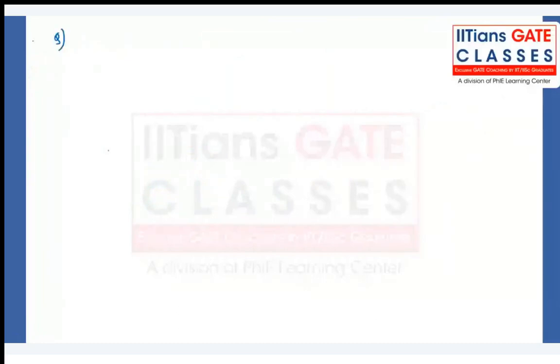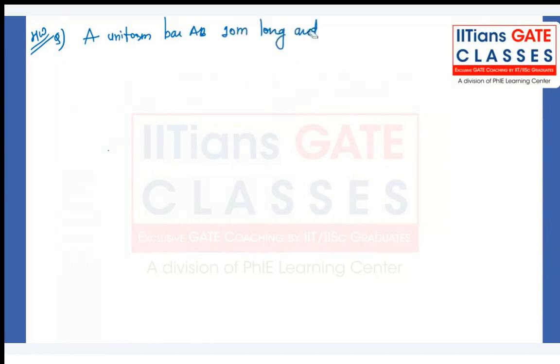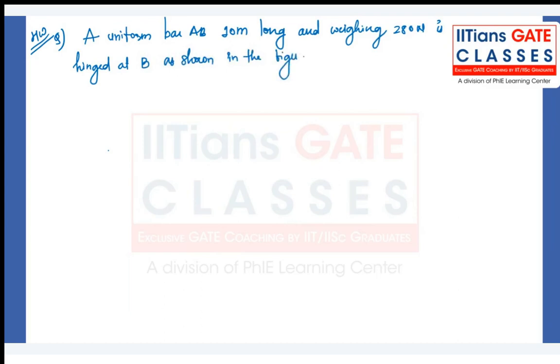A uniform bar AB, 10-meter long and weighing 280 Newton, is hinged at B as shown in the figure, and rests on a 400 Newton block as shown in the figure.